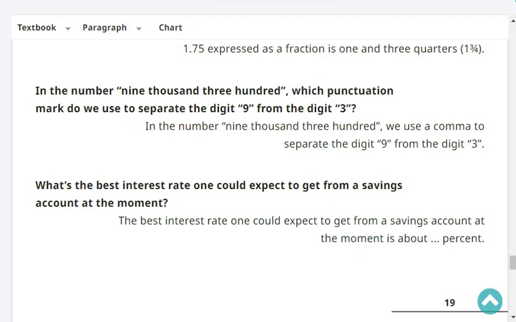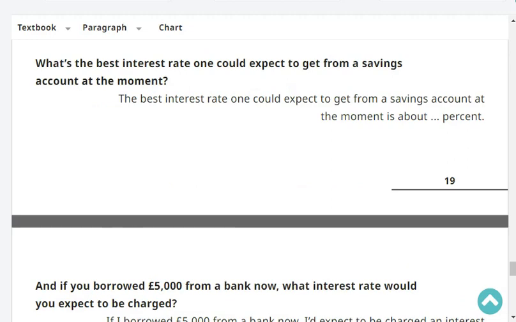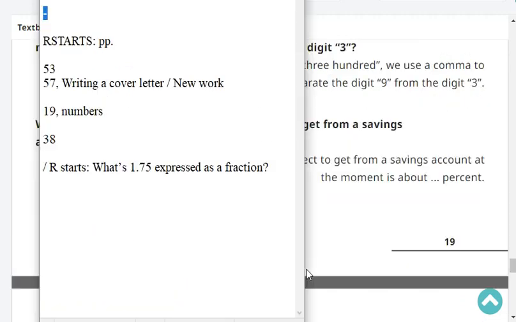Very good. What's the best interest rate one could expect to get from a savings account at the moment? The best interest rate one could expect to get from a savings account at the moment is about 0.002%.